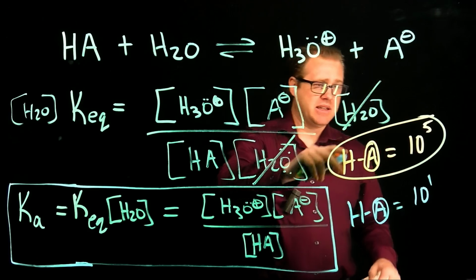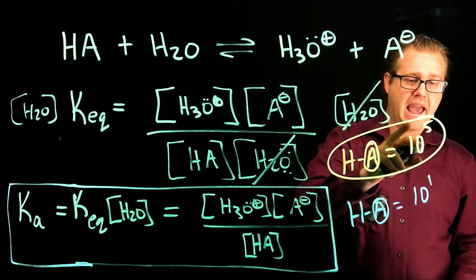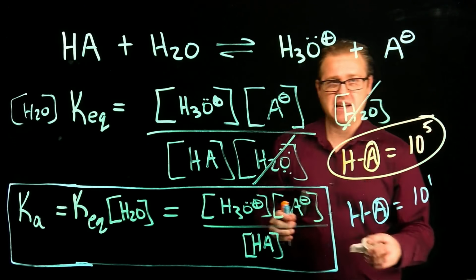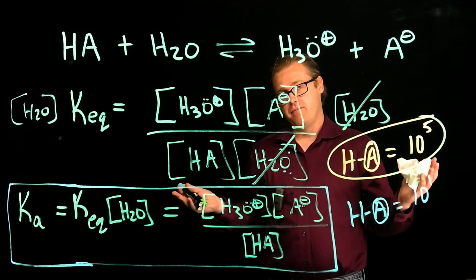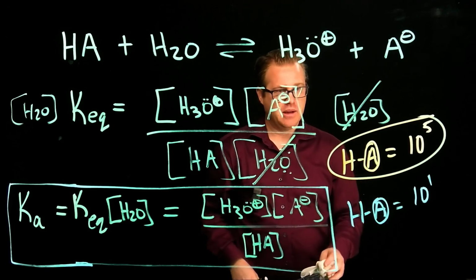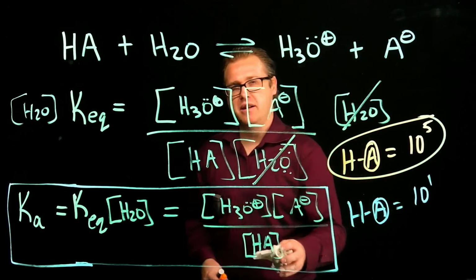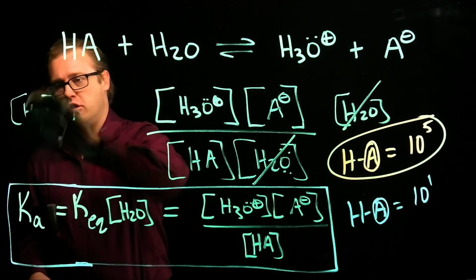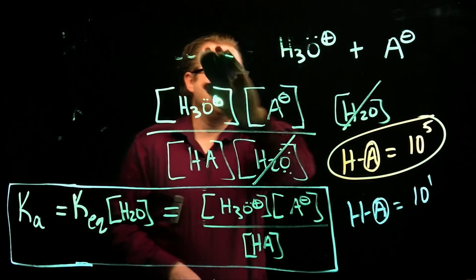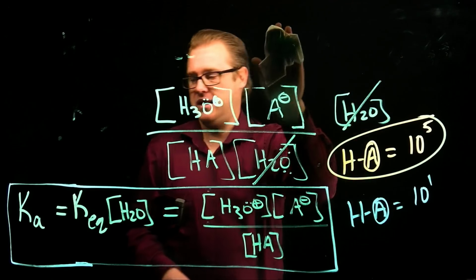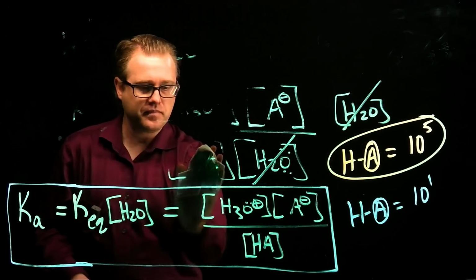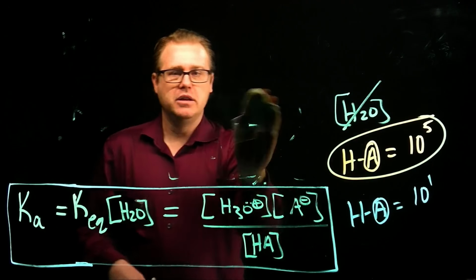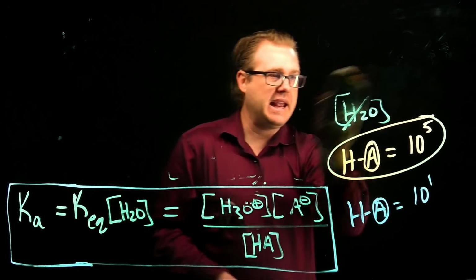So if we use Ka values here, those numbers can get rather large. And so what we could do to make the math a little bit easier to look at is manipulate the Ka equation to look at it in terms of pKa.